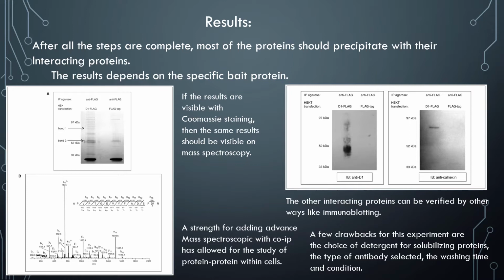A few drawbacks with this experiment is that it's very specific for the type of detergent used for the proteins, and the antibody is very specific on which protein you're looking for, and the washing time and condition. Everything is really specific, and the time it takes for the whole process is really specific to the co-IP itself.